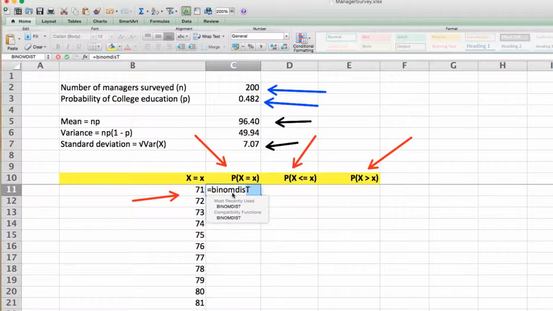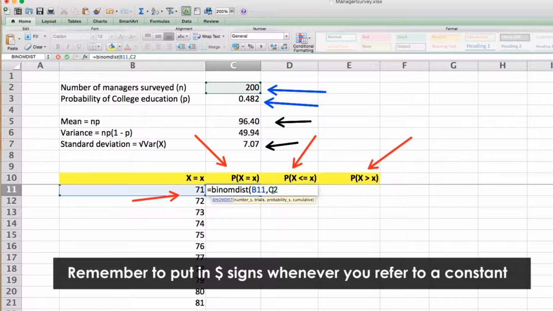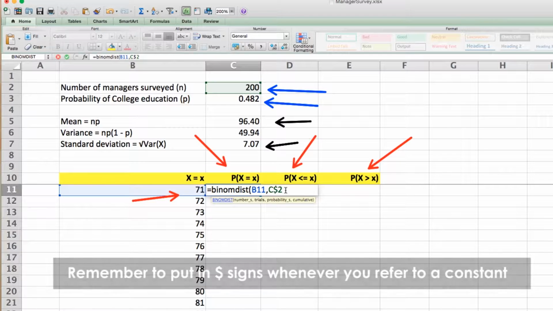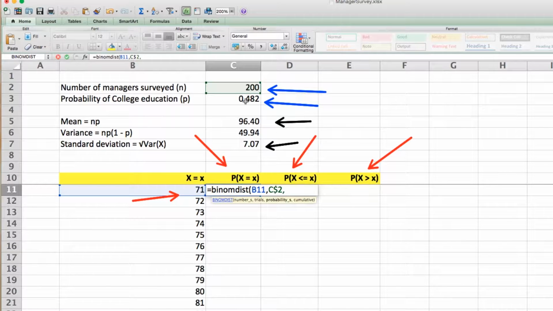The point probability of the binomial distribution for x equal to 71, given that my total number of trials, or size of the sample, is given in this cell constantly, of course. And the success probability, or as in our case, managers with college education, is 0.482.